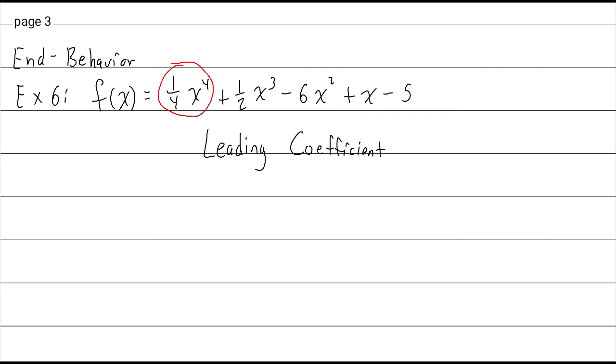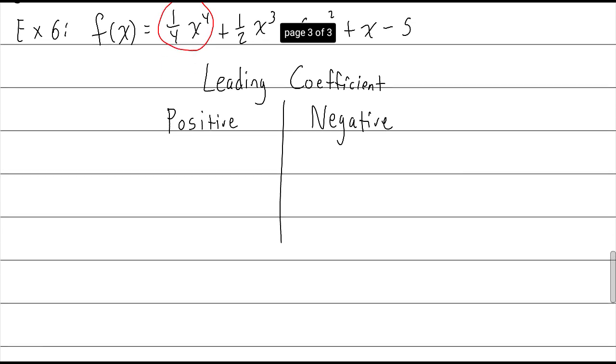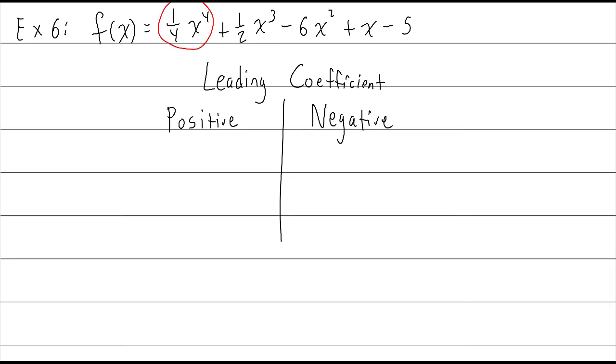The leading coefficient is positive. That's what I'm looking at. Is the leading coefficient positive, or is it negative? That will tell you what the right side of the graph is doing.